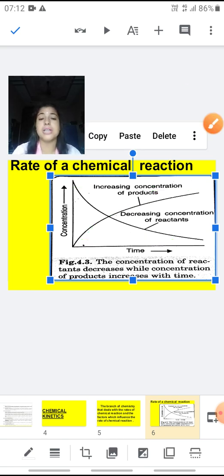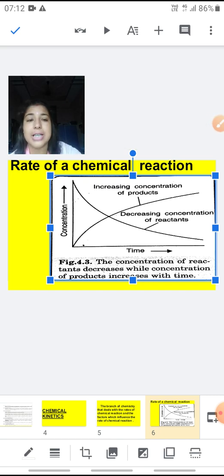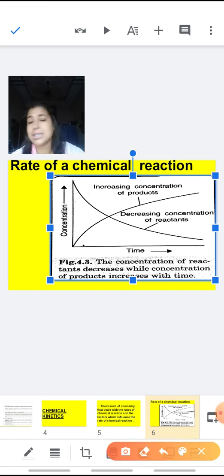Because at the beginning of the reaction, when the time is 0, the reactant concentration is very high. The reactant is present in a larger quantity, and with the increase in time, as we move to this side, the quantity of reactant always decreases, isn't it?